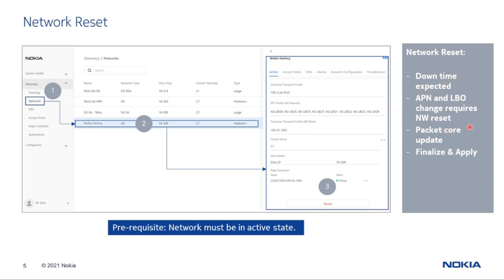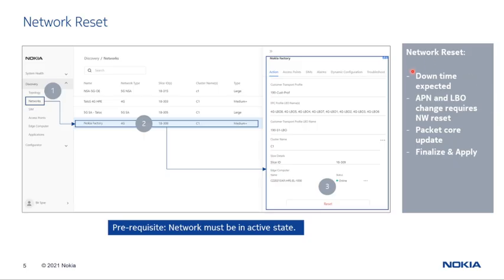Here it's mentioned that the main configuration changes where it's needed are when, for example, a new APN is added, when some of the existing APN IP configurations related to an APN change, and also when the local breakout changes related to a network. In order to take these new settings into use, you always need to do a network reset.